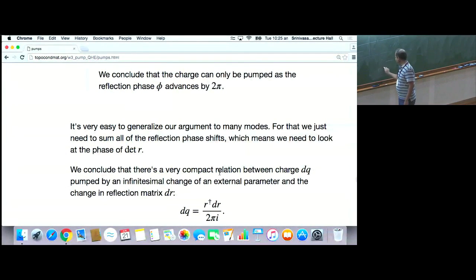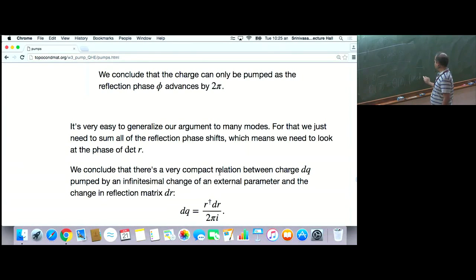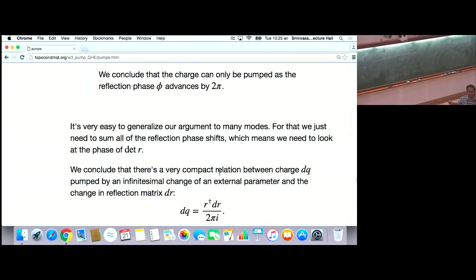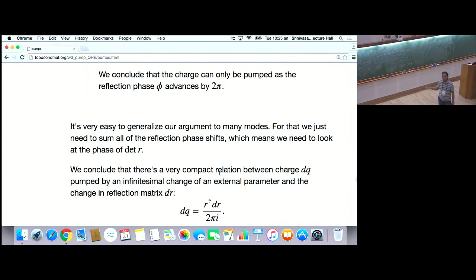So theta at T must be equal to theta at 0 mod 2 pi. This reflection amplitude e to the i theta has to come back, because the reflection phase is a measurable thing, so it has to come back to exactly itself. Right?